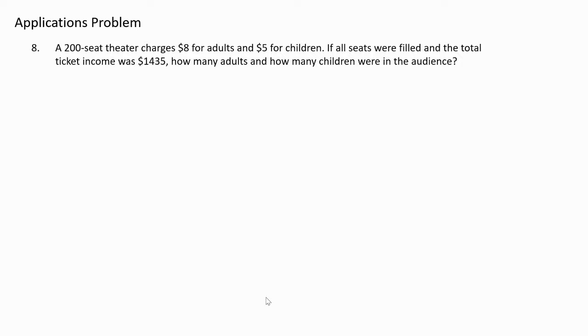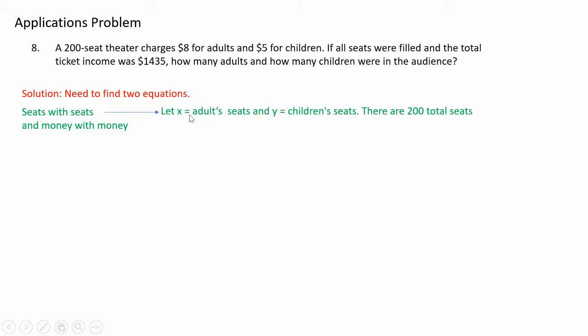Okay, so what's my strategy here? Here, guys, we need to find two equations, equation 1 and equation 2. Like I tell my students, that is going to be people with people or seats with seats and money with money. So I'm going to let x equal the adult seats and let y equal the children's seats.